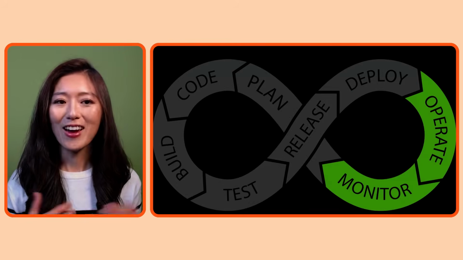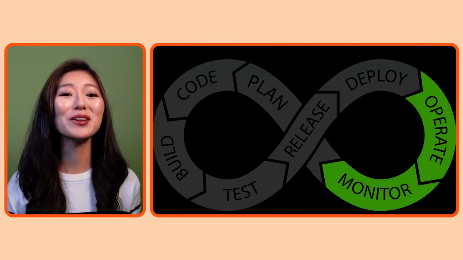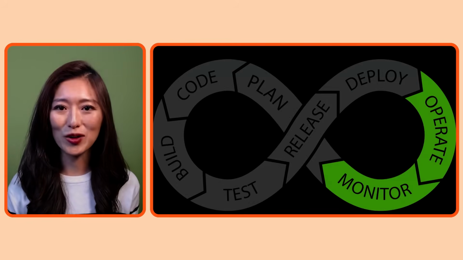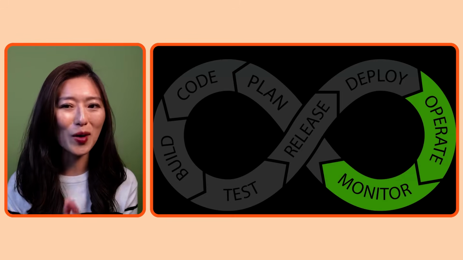As you can see, Grafana plays an integral role in observing our system in the monitor and operate stages. Whatever problems or incidences that are addressed in these two stages will influence how we plan and execute the next DevOps cycle.